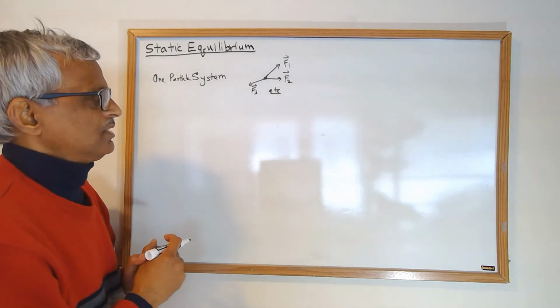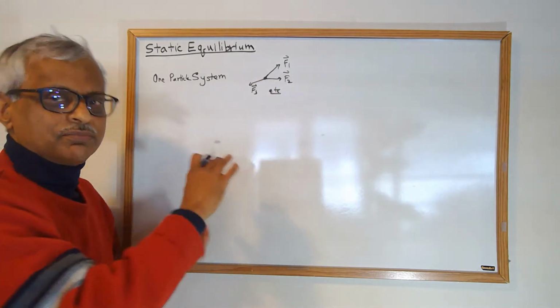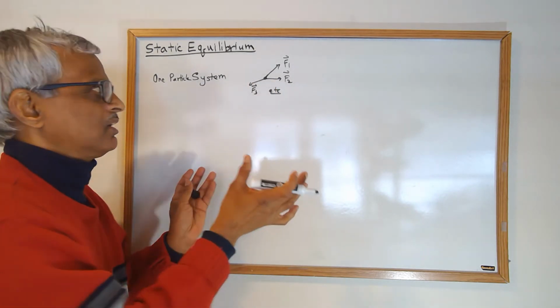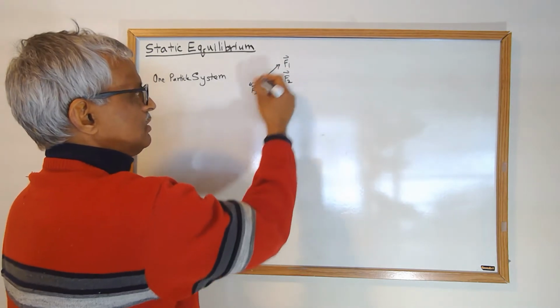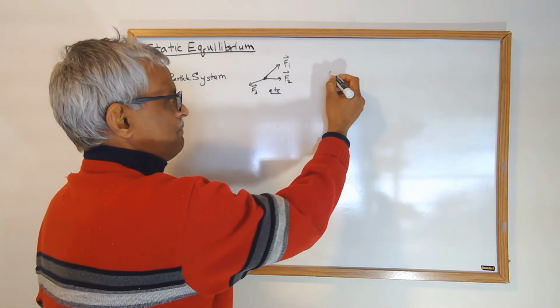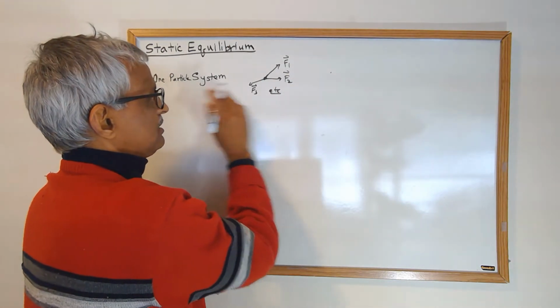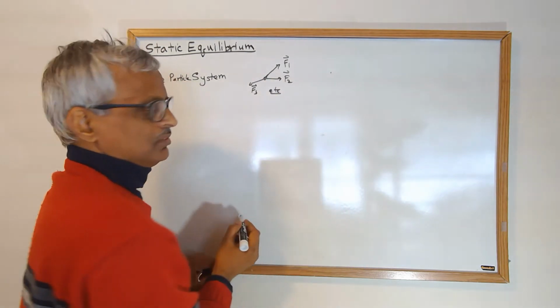Now these forces, if this is one particle, all of these are from outside. So they're all external forces. So in this one particle system, all the forces are external. By equilibrium of this system, we mean its acceleration has to be zero.